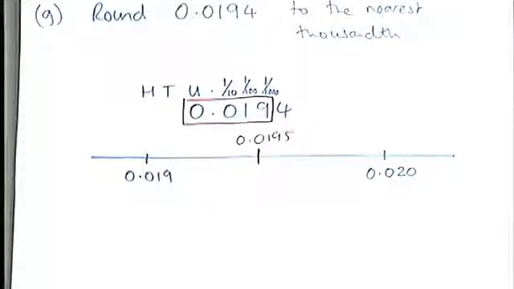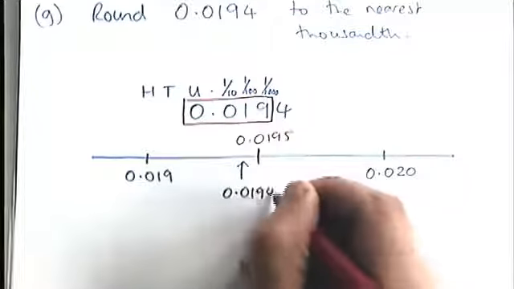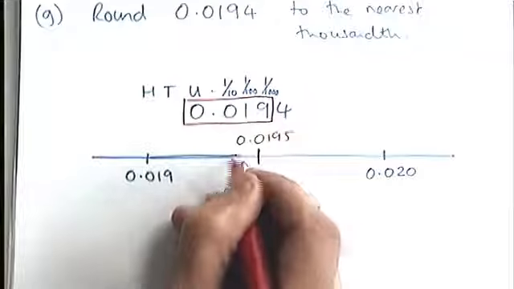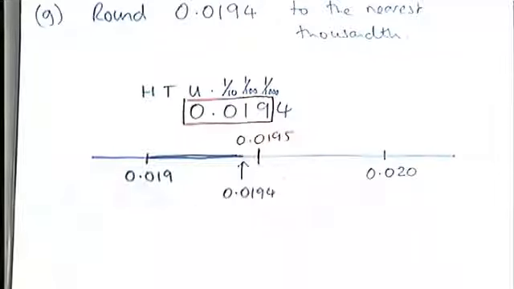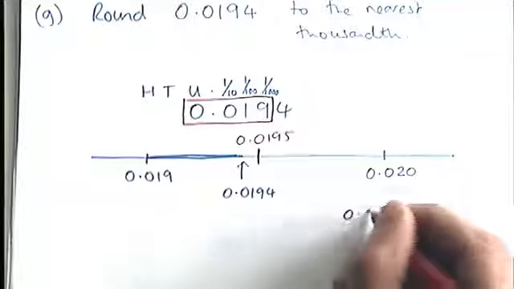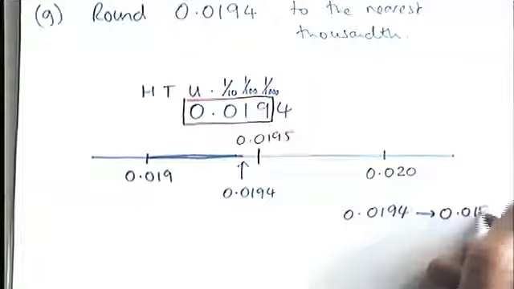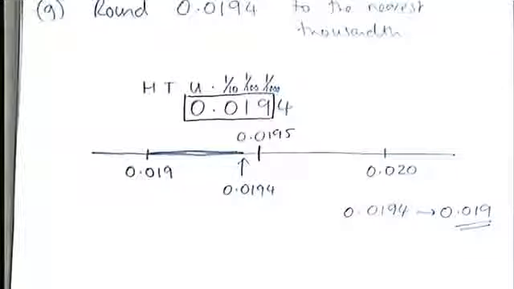Then you check out your number, which is 0.0194, slightly smaller, and it's closer. So the answer for this one would round to 0.019 if I was using 3 decimal places or the nearest thousandth.